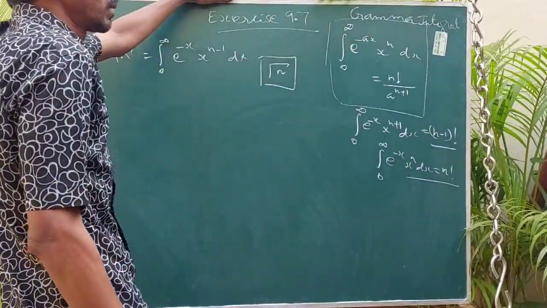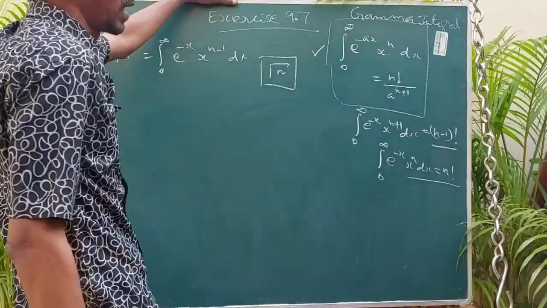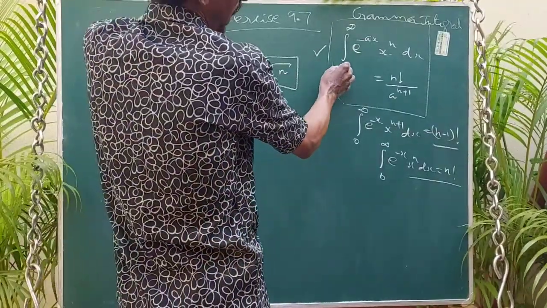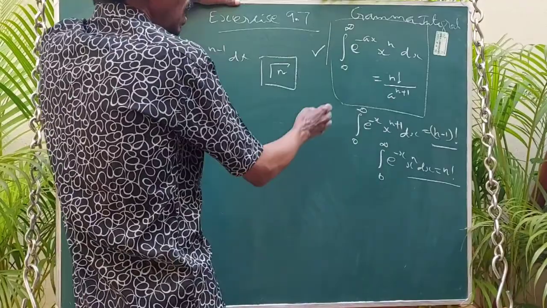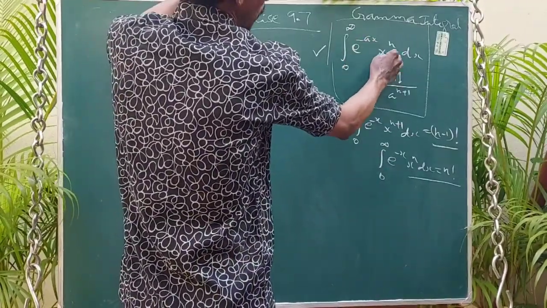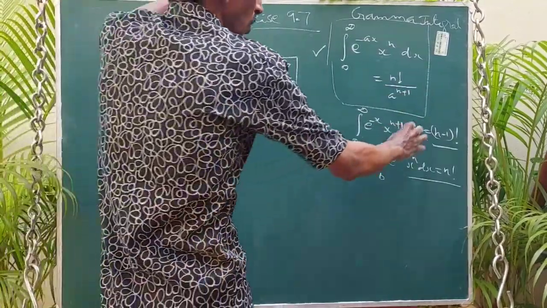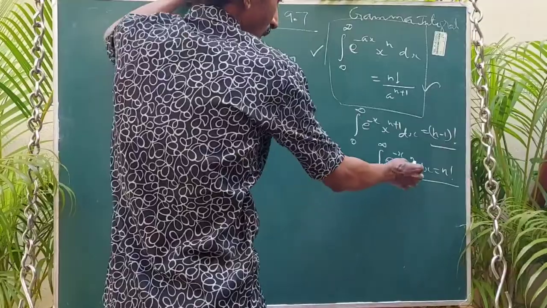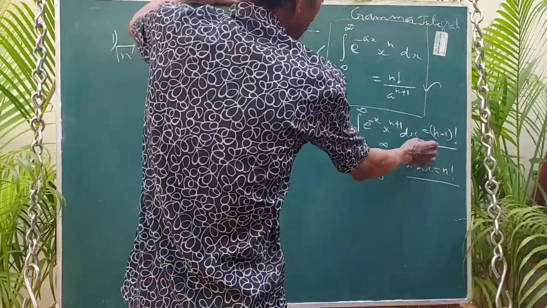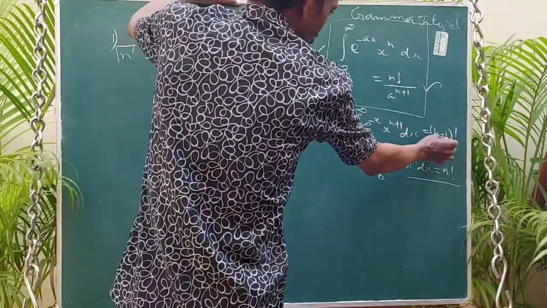So my dear student, remember this one like a formula. Usually in the previous book it is given in the name of gamma integral: integral 0 to infinity e power minus ax into x power n dx equal to n factorial by a power n plus 1. So we can use this repeatedly. Anyway, according to the new book definition, remember it, e power minus x, x power n minus 1 dx equal to n minus 1 factorial.